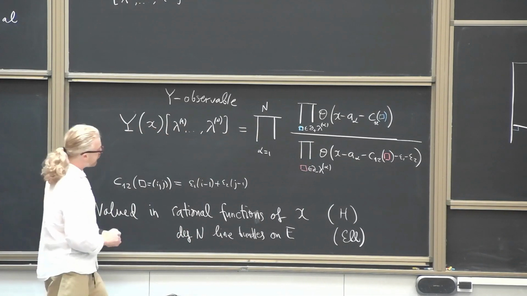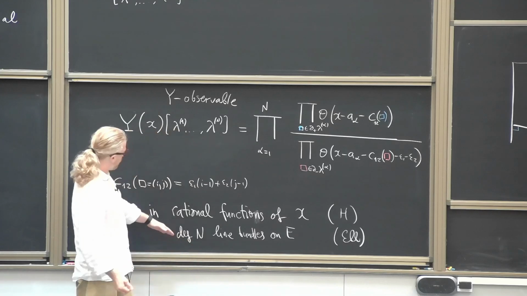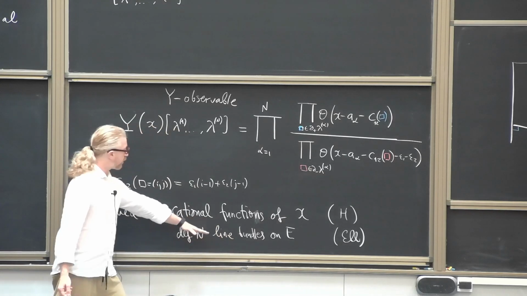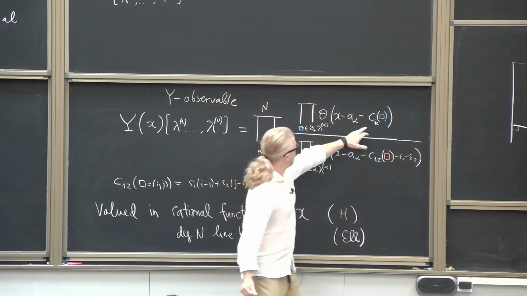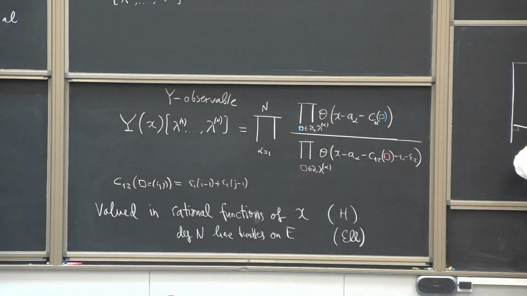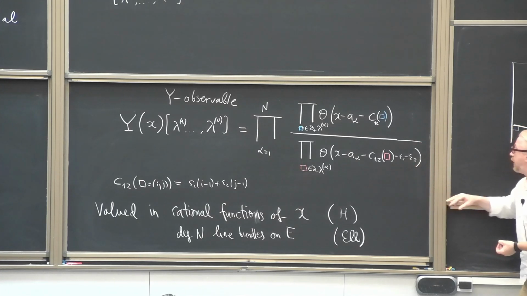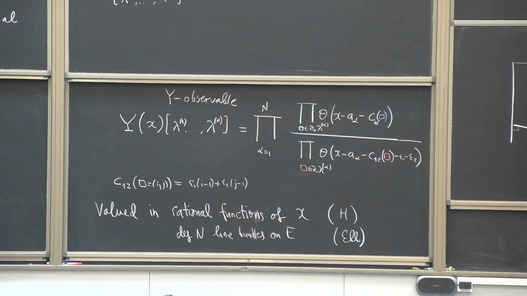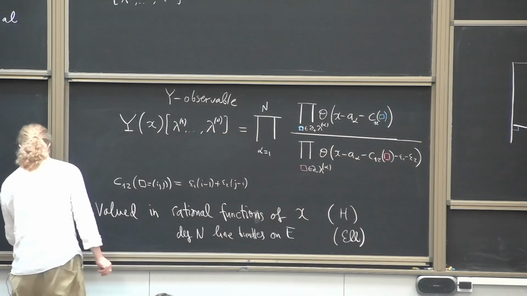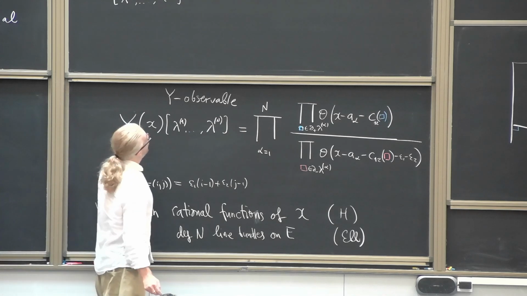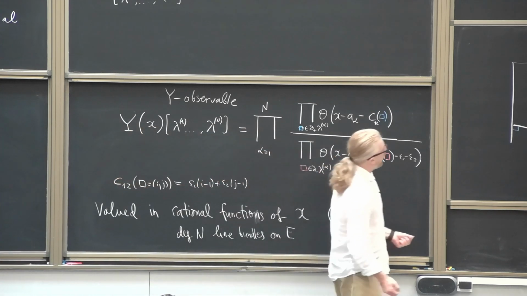And so what it does is give you a section of a degree n line bundle whose zeros tell you the positions of the boxes which can be added to the corresponding Young diagrams, and the poles give you the positions of the boxes which can be removed. So it's just a useful thing to have. And why is it useful?